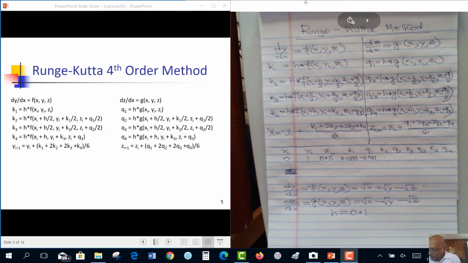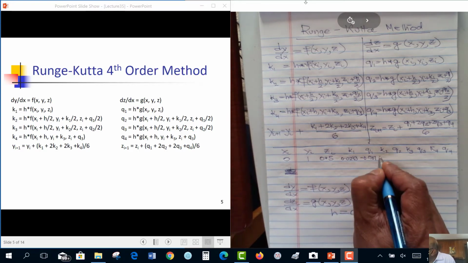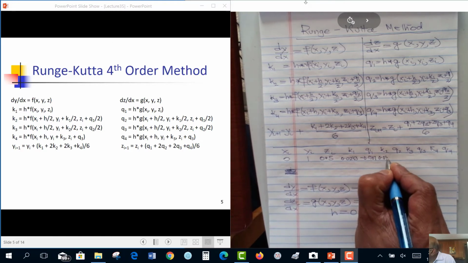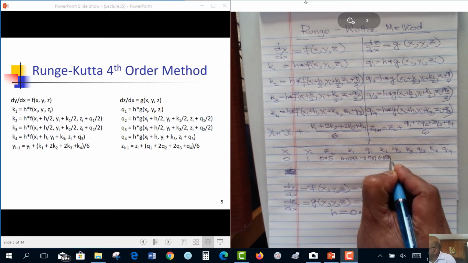So 0.1 times square root of 0.05 plus square root of 1 plus 0.0293 over 2, minus square root of 0.5 minus 0.1707 divided by 2, and we get 0.0594. Okay, great.